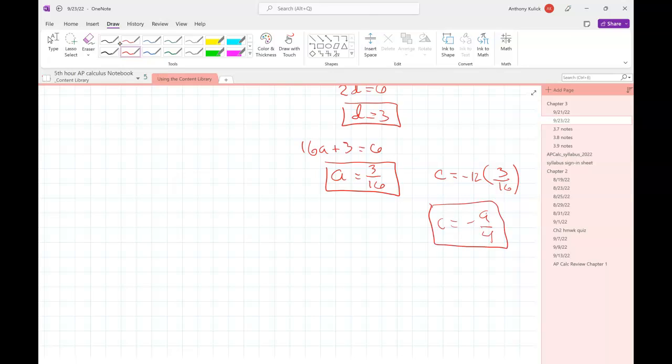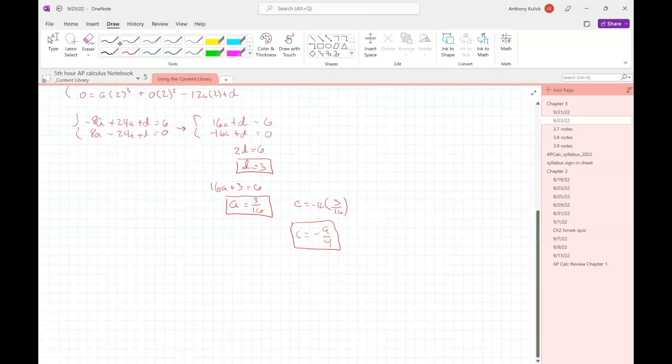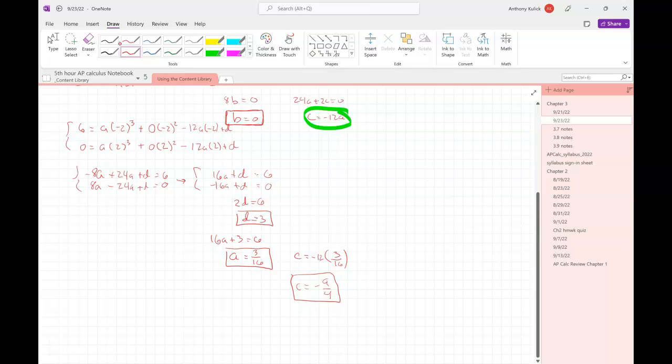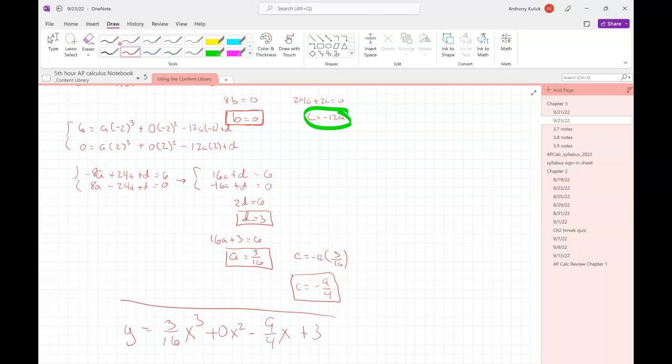So those would be my values for a, b, c, and d for my general cubic. So y equals 3 over 16 x cubed plus 0x squared minus 9 over 4x plus 3. Is that okay, Mackenzie?